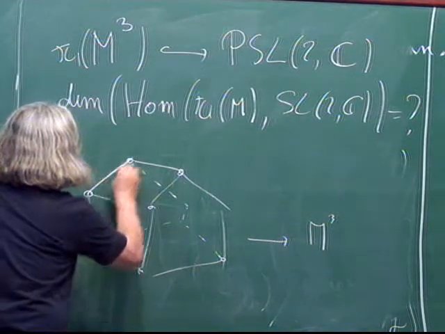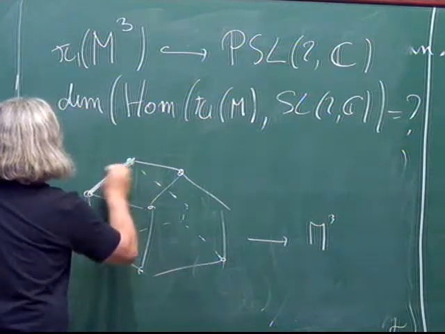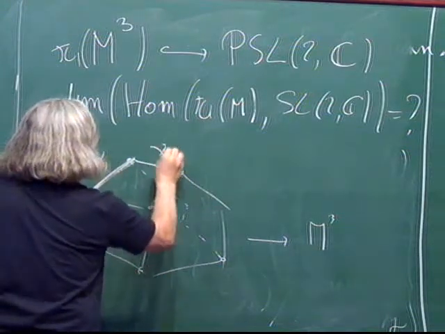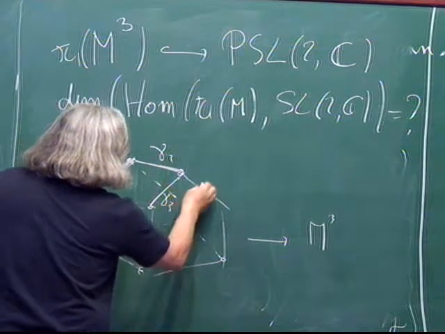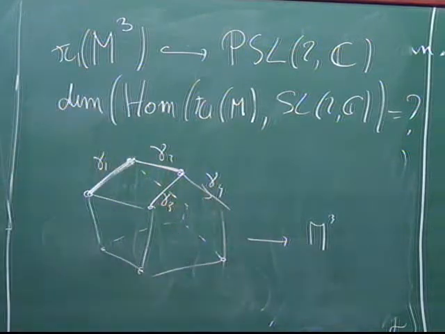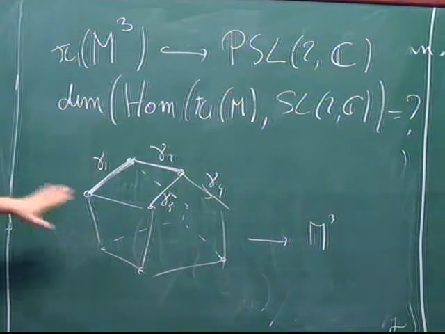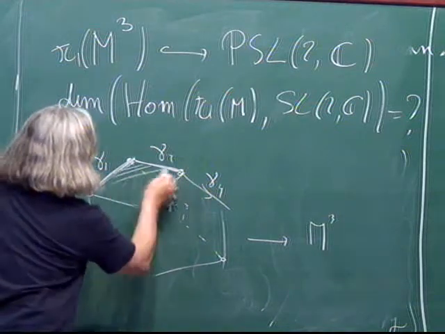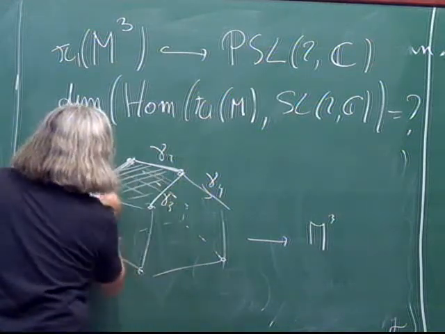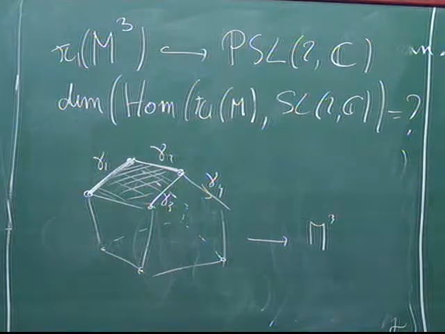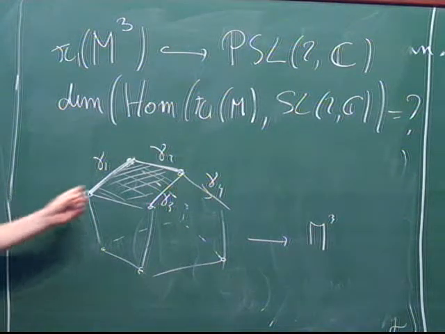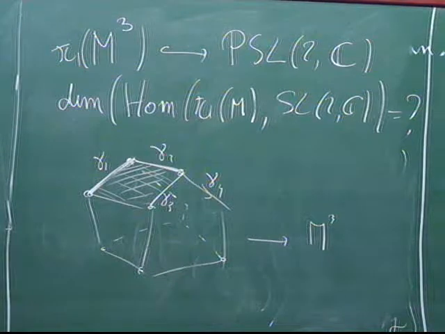You have one generator for each edge of the polygon, because each edge, when you do the identification, becomes a loop, and each two-dimensional face of the polygon gives you a relator, because you read on the boundary a loop which is homotopic to the identity.